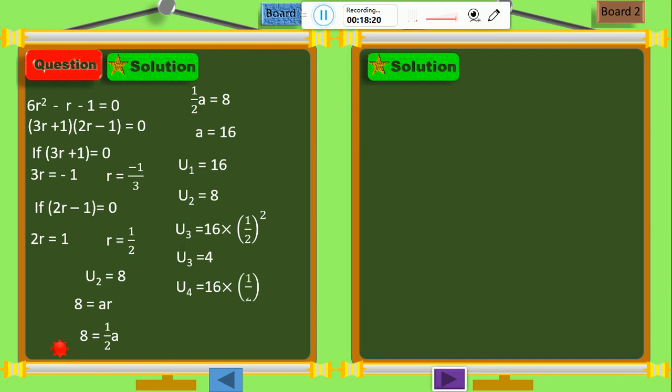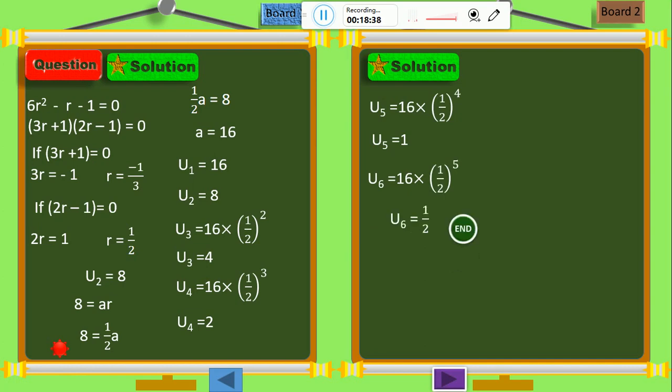Then U4, making substitution into the given equation and simplifying, U4 is equal to 2. And then making substitution and simplifying, U5 is equal to 1. Then U6, the same, U6 is equal to half. That brings us to the end of this presentation.